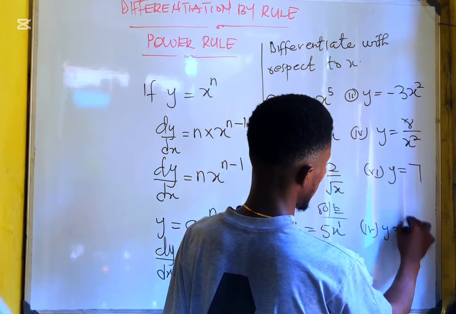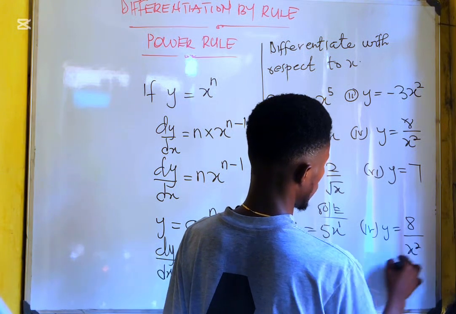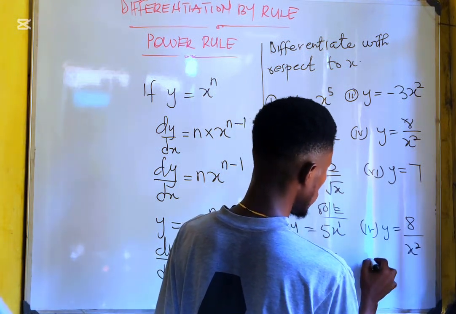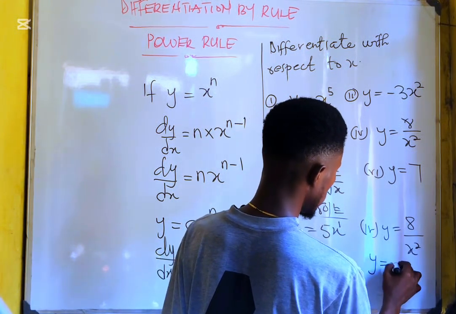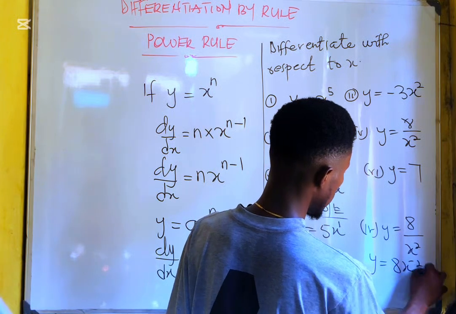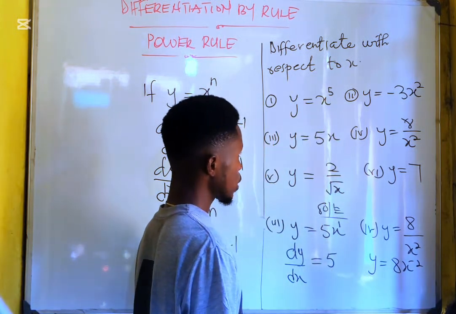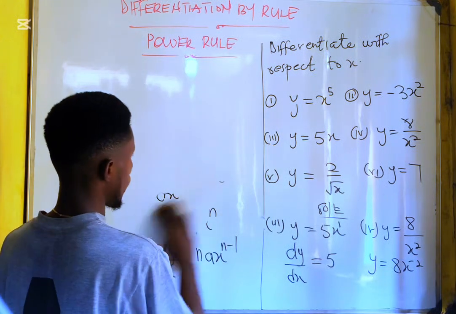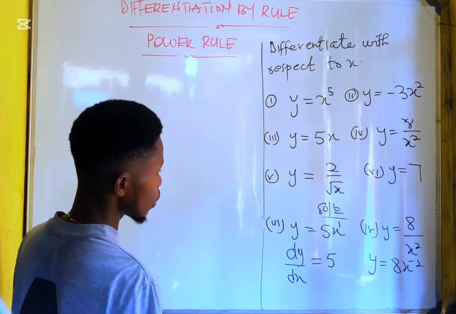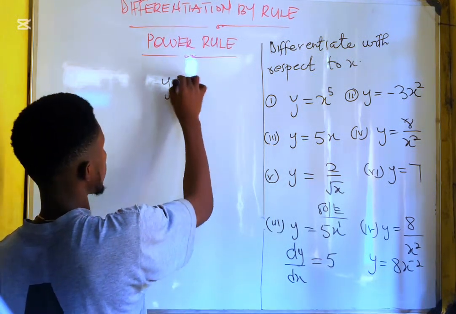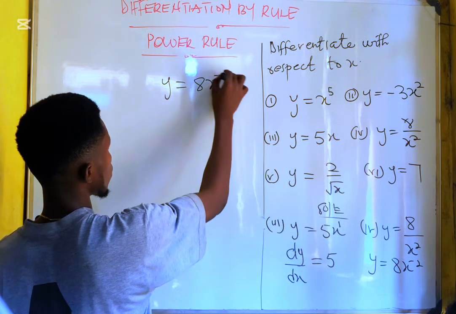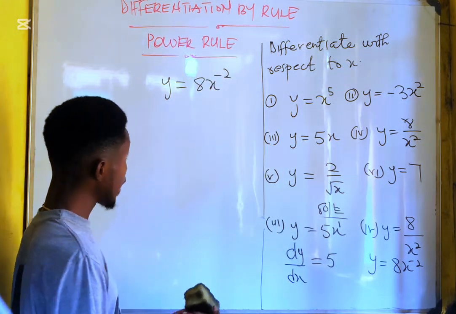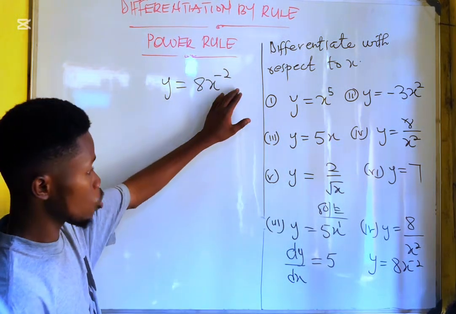y equals 8 over x squared. So this one, before you solve, you have to do this: y equals 8x to the power negative 2. I hope you know this thing. Let me solve it here. So we have y equals 8 times x to the power negative 2.